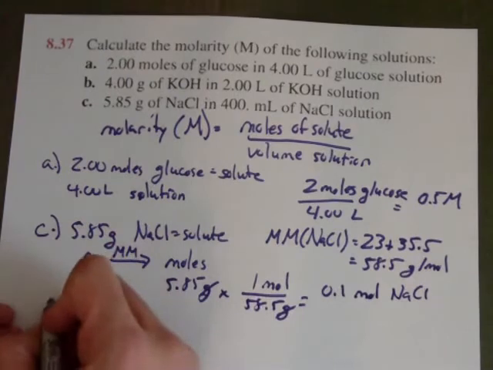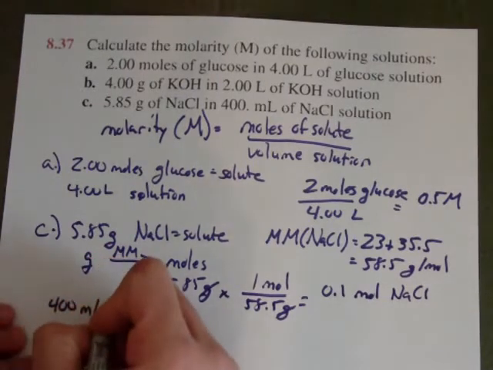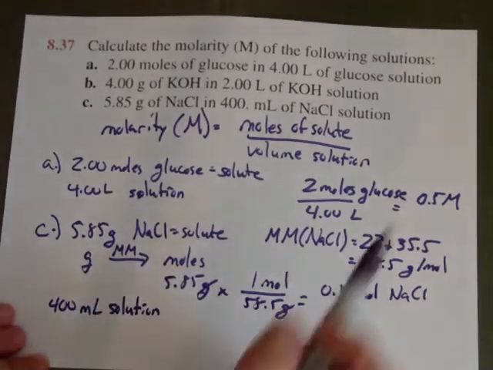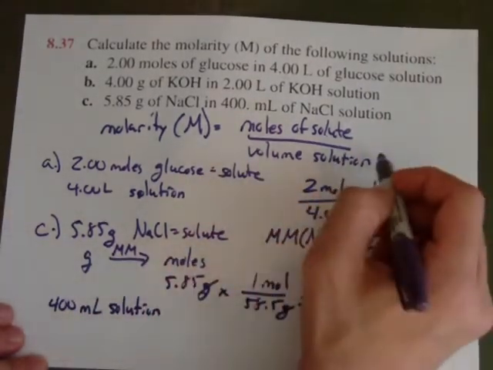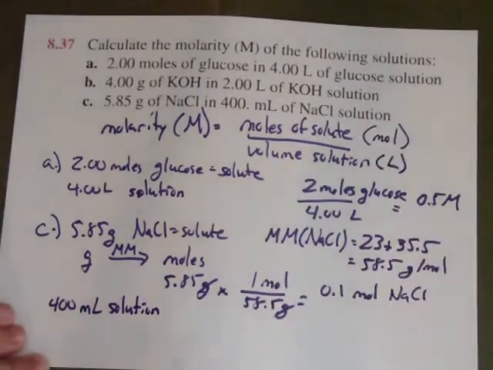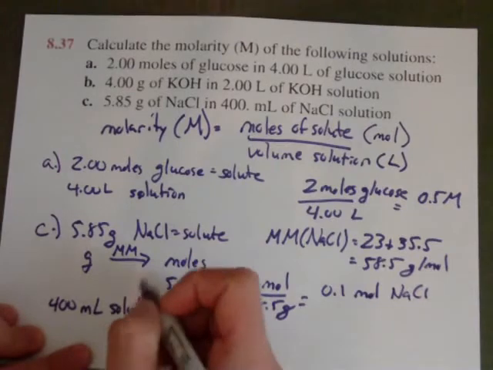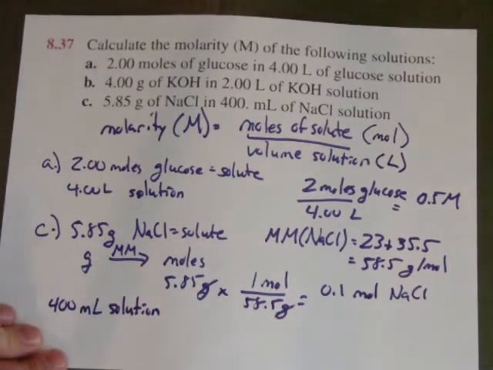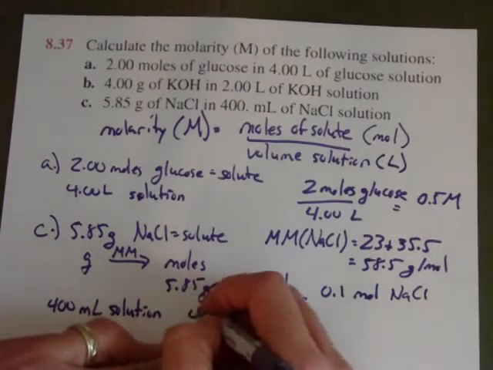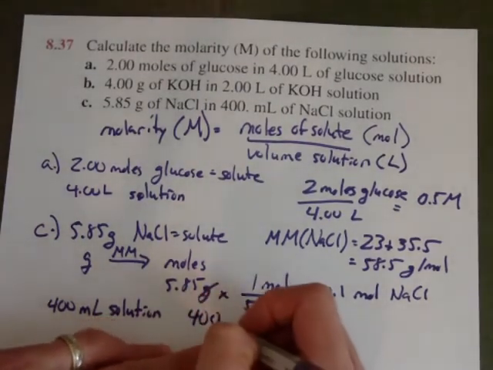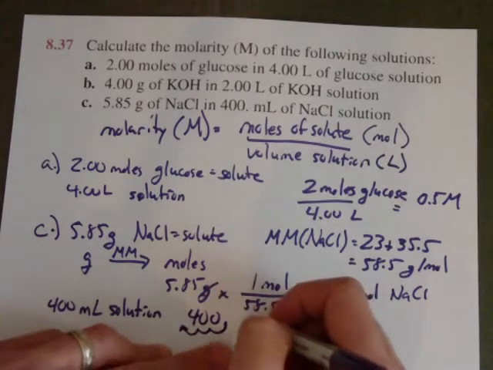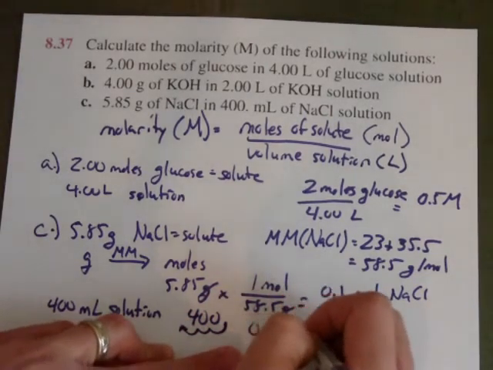It says we have 400 milliliters of solution, but we need the volume to be in liters. So we need to convert. You can do the King Henry died drinking chocolate milk method. In that case, we do 400, our decimals here. So we'd have to move over 1, 2, 3, and we'd have 0.400 liters.